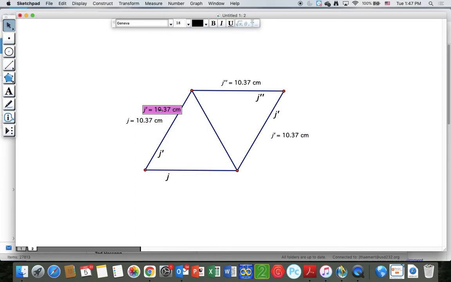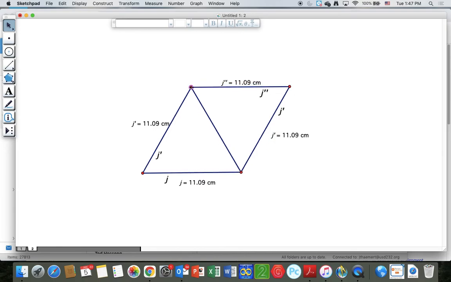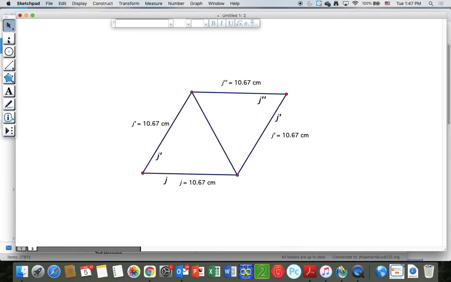So whatever I do with this manipulation, it doesn't matter. The side lengths stay the same. So in a rhombus, 1 through 5, all properties of a parallelogram are true.